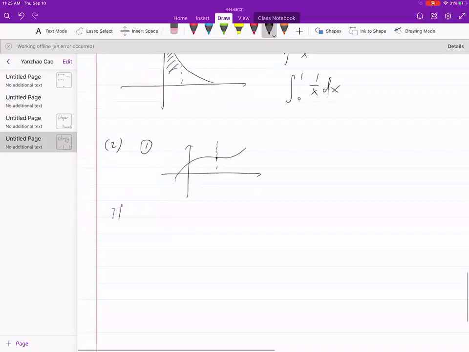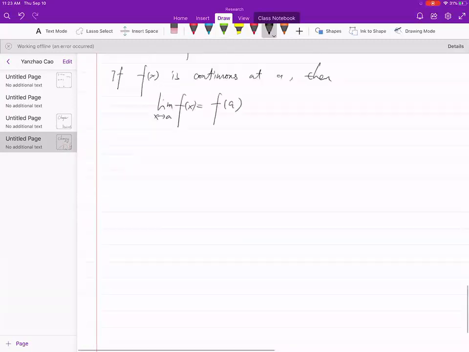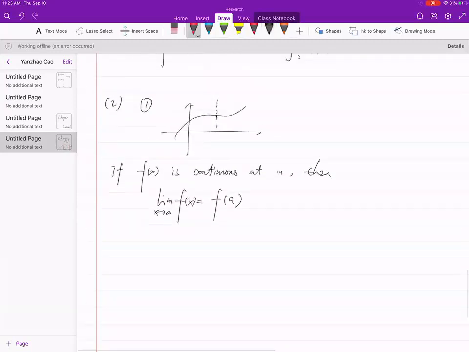If f(x) is continuous at a, which means it's nice and smooth, then your limit is really just your function value. They are the same, judging by what I draw here. That is the first principle we need to know.